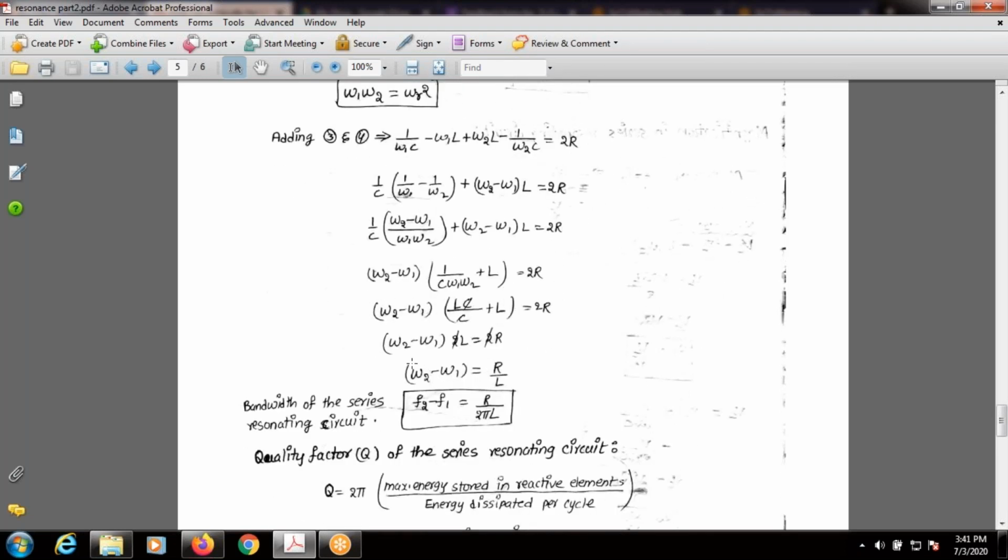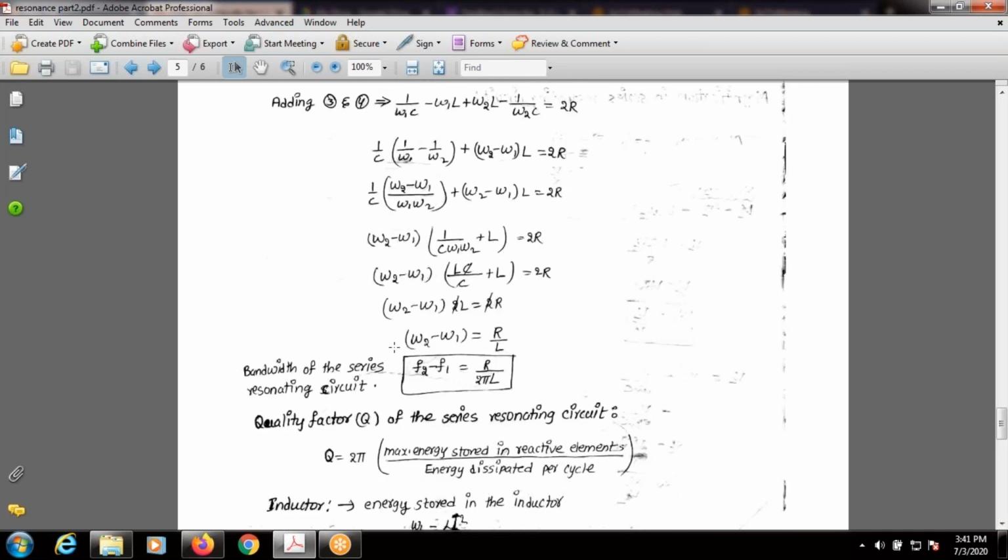Then finally you get omega 2 minus omega 1 is equal to R by L. What is omega? Omega 2 is 2 pi F2, omega 1 is 2 pi F1. We can take 2 pi common. Then on the right side, the remaining terms: F2 minus F1 is equal to R by 2 pi L. This is the bandwidth of the series resonant circuit.